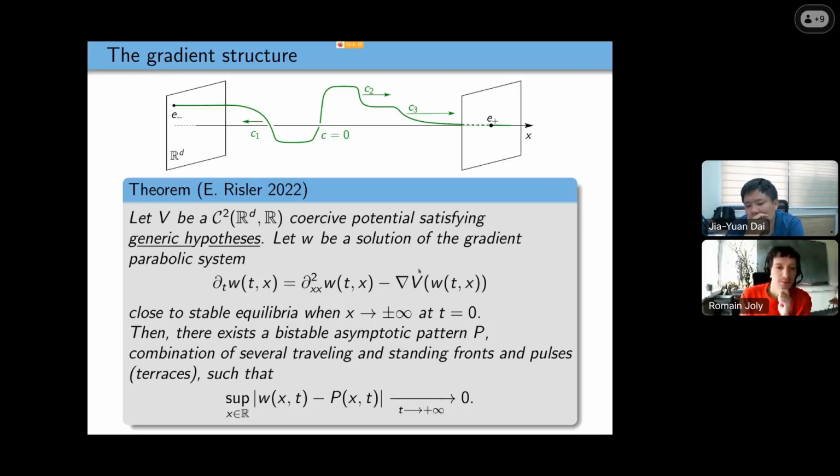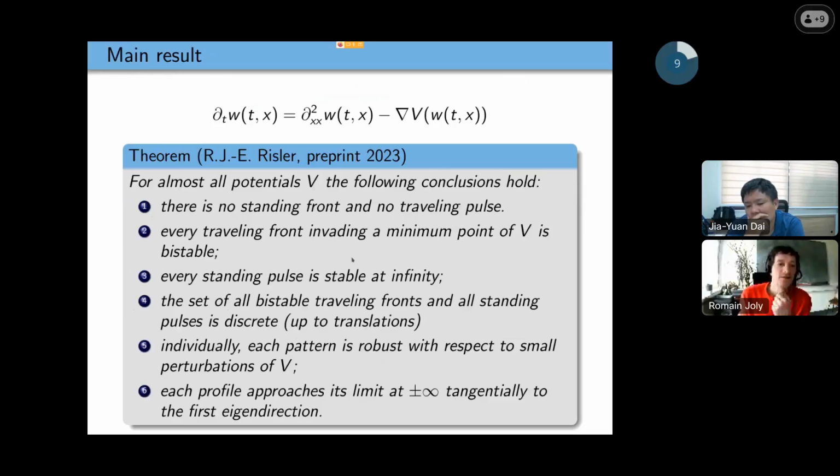Okay, so let me present what kind of result we have, and then I will spend most of my talk explaining this result in a better way. I consider this PDE system, and for almost all potentials V, for a generic random potential V, you have the following.